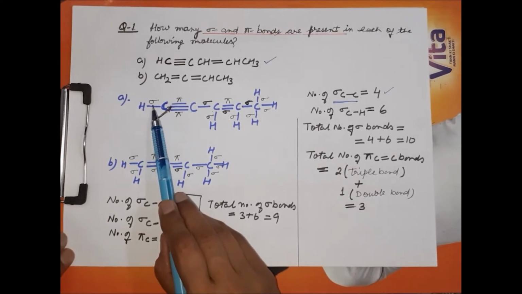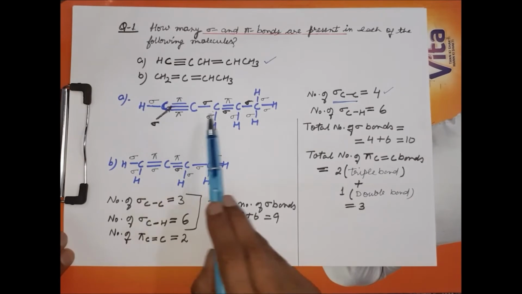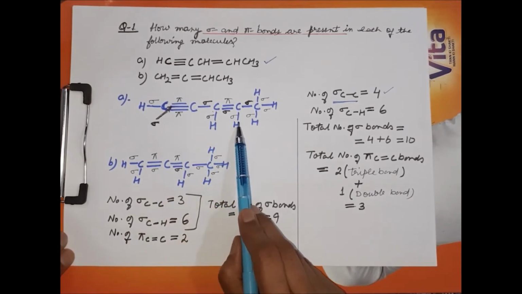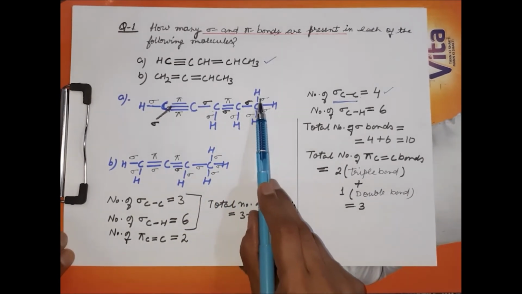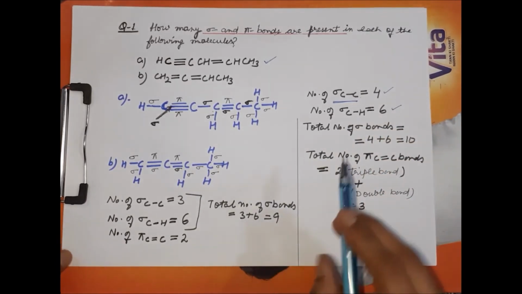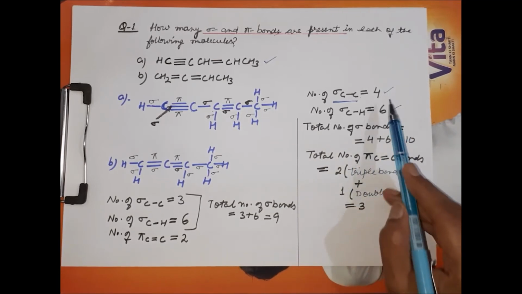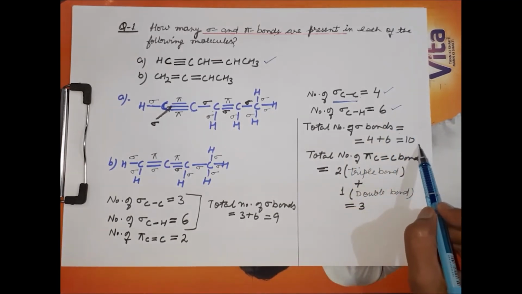So this is 1 sigma, 1 sigma, 1 sigma, 2, 3, 4, 5, 6. So sigma C-H is equal to 6. Now we can calculate the total number of sigma bonds: 4 plus 6 is equal to 10.